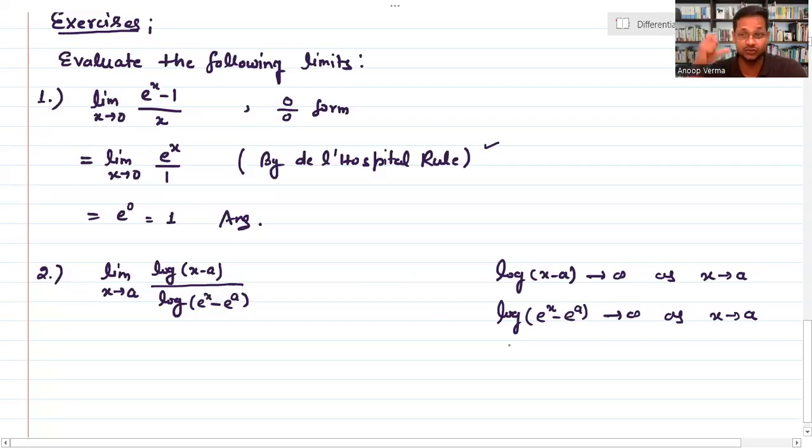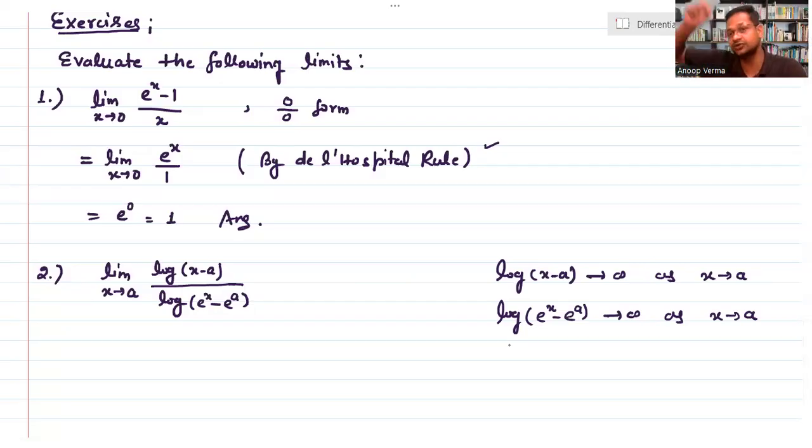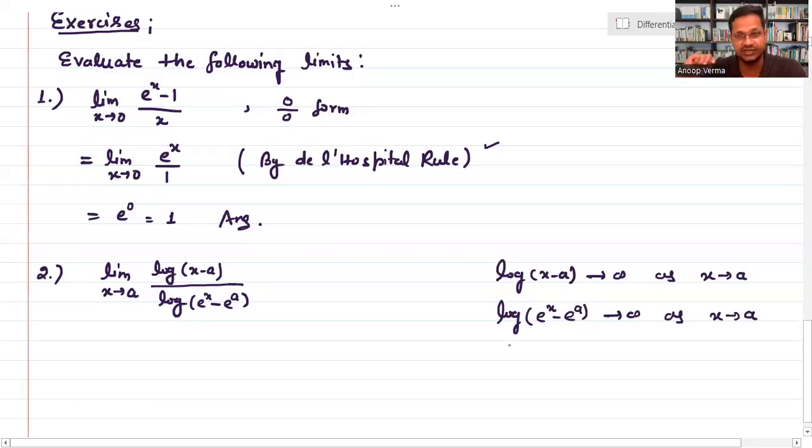Then log will be tending to infinity. We should know. So this is an infinity upon infinity form actually.